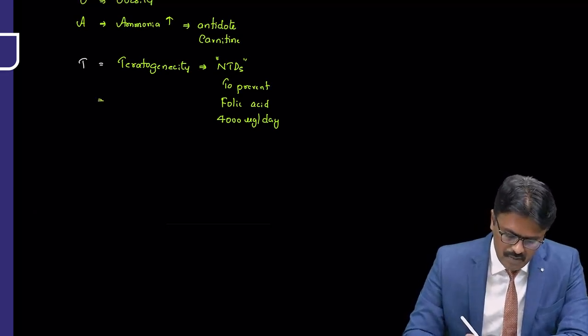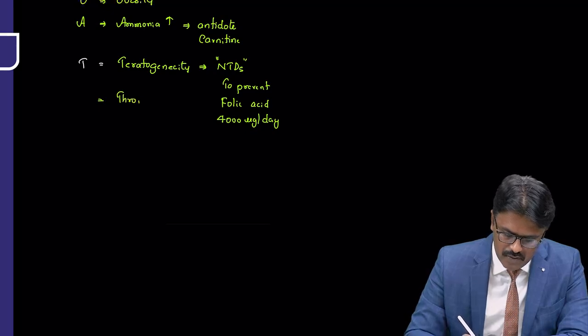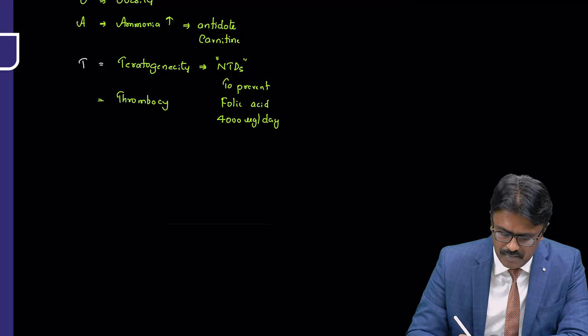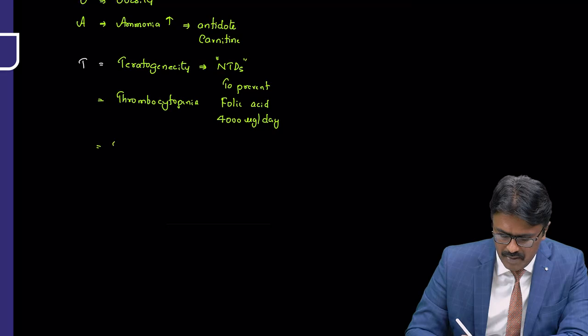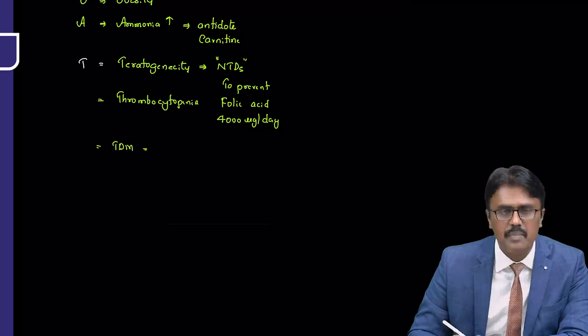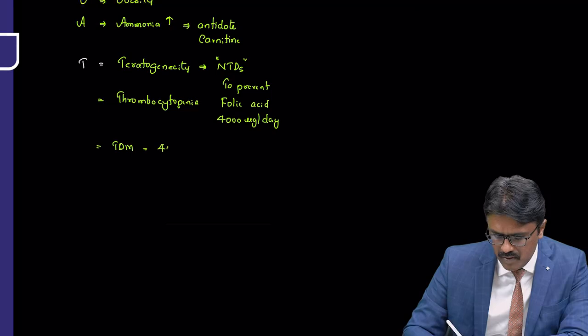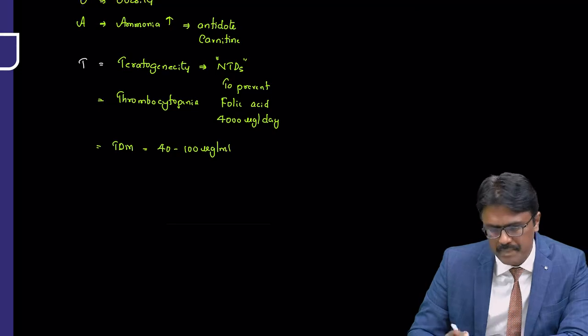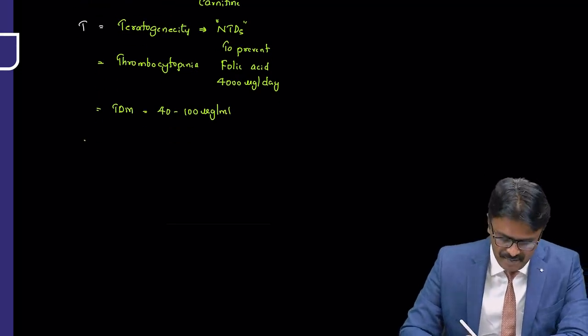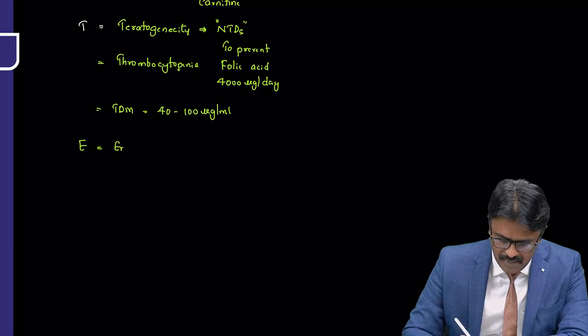Second important problem what we see is it can also produce thrombocytopenia. And it's an anti-epileptic drug. Obviously, it requires therapeutic drug monitoring, and the level should be between 40 to 100 microgram per ml. And the last one is E. It's an enzyme inhibitor.